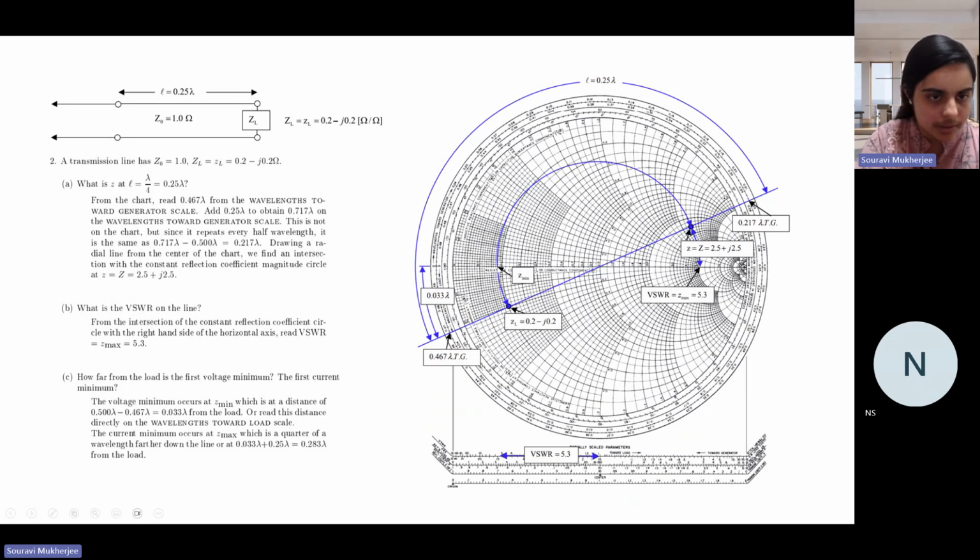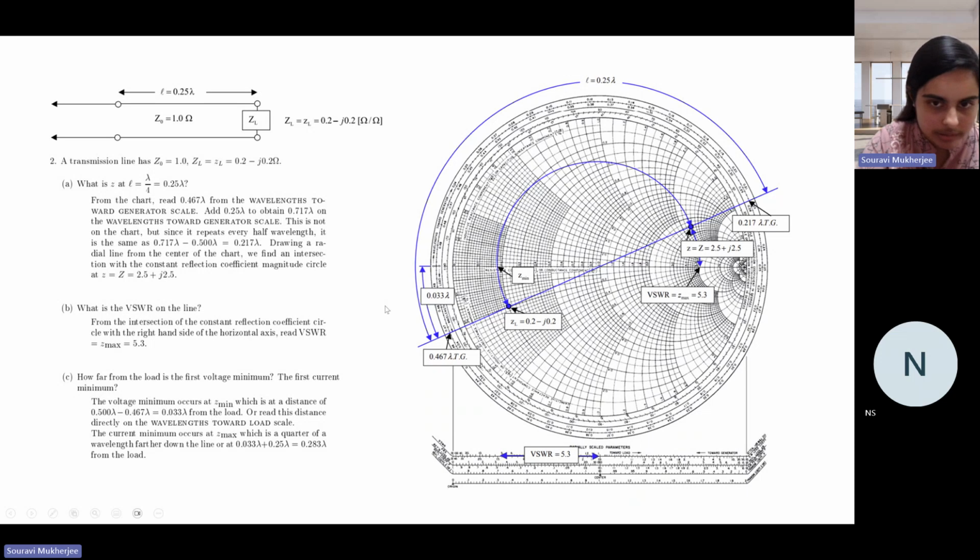Now what it is asking is how far from the load this is. You know the location of your load from the WTG line, and then you can find the location of your Z min point. Then you need to find the difference between the two. That will tell you how far you have to move from the load to reach the minimum resistance point.